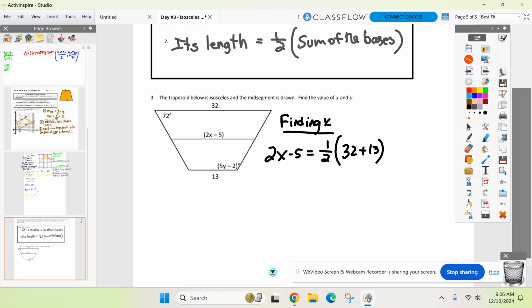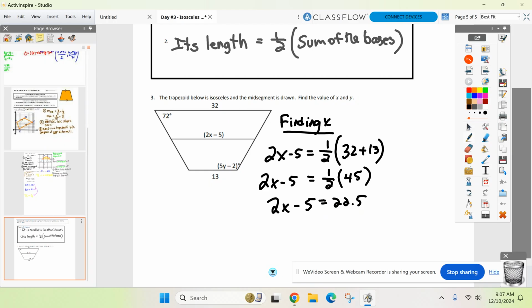Half the sum of the bases. Now you guys can solve. You will get a decimal here. Half of 45, and that's where you heard Rowan say 22 and a half. Go ahead and solve, and yes, you will get a decimal.